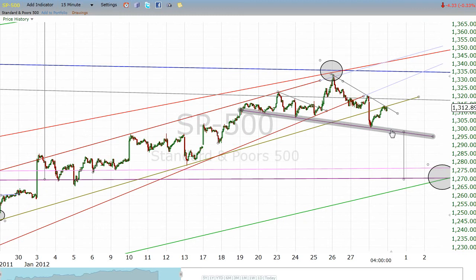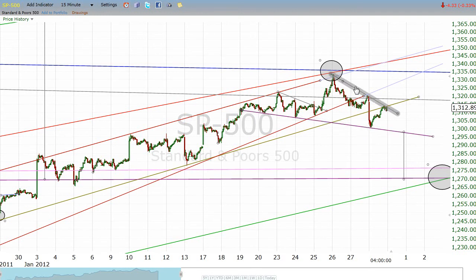Watch this line. If that breaks, then I think the low 1270s are definitely in order. But every now and then there's a move like this, and then the market just decides it's going to have a little shakeout and then plow back on up. I'm not really expecting that, but that's possible, because we did get a bounce on this line.